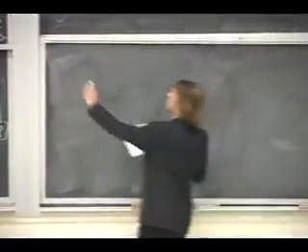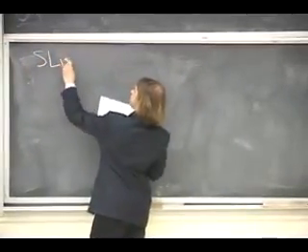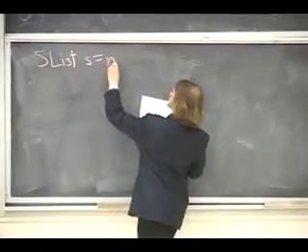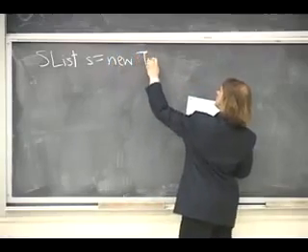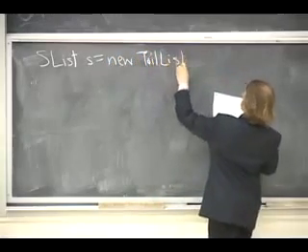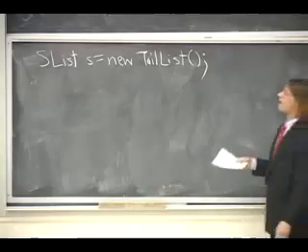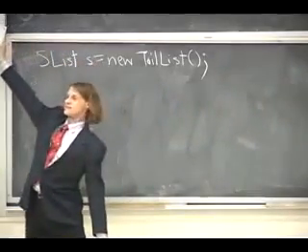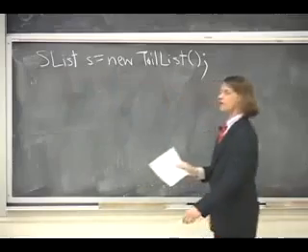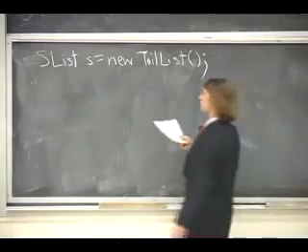So let's go back to that first statement that I did. slist s equals new tail list. So we have that picture right there. S is static type slist, but it's pointing at a tail list. And now I do a method call.